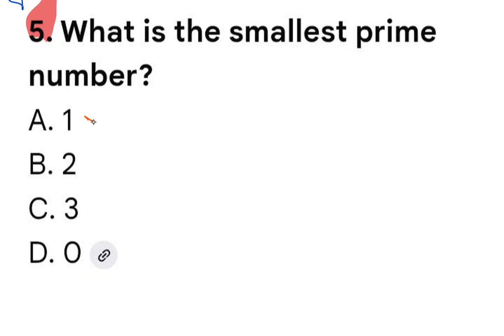1 is not a prime number. Already told, 1 and 0 do not belong to prime or composite. So here among these two, 2 and 3, 2 has only 2 factors, 1 and 2, and 3 also has only 2 factors, 1 and 3. These two are prime numbers.